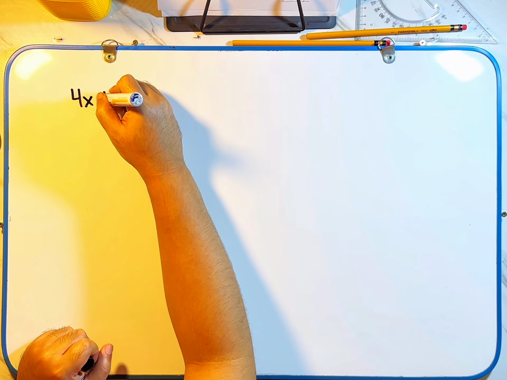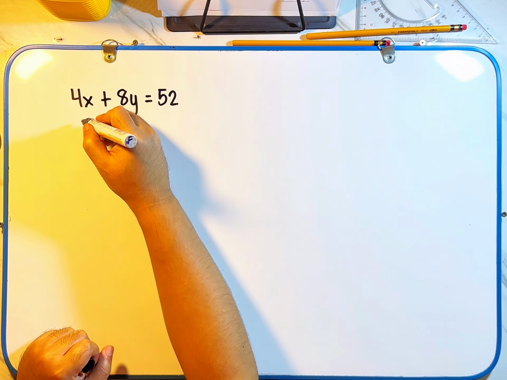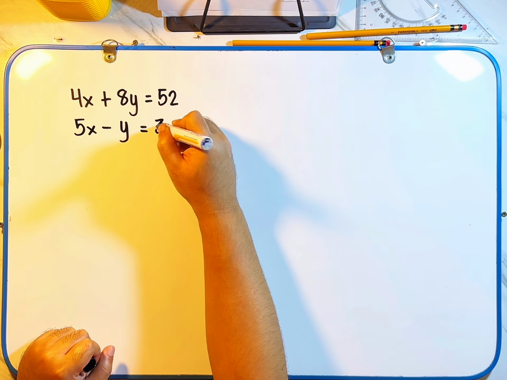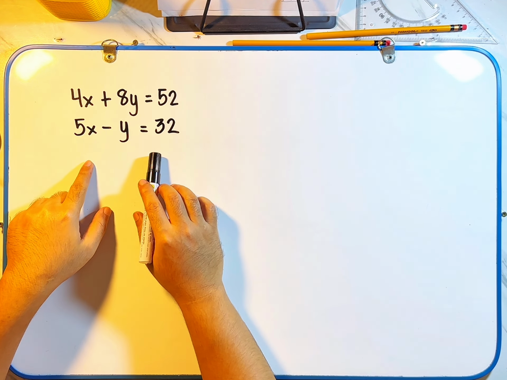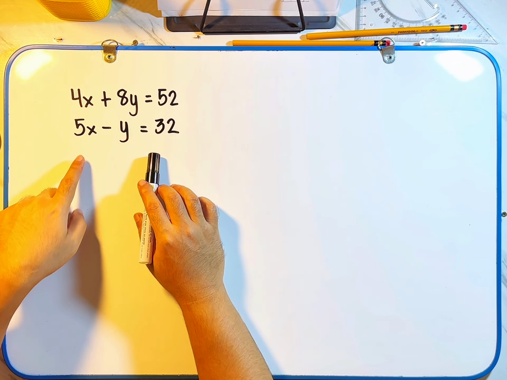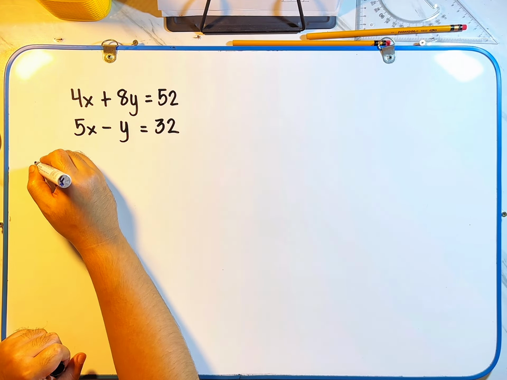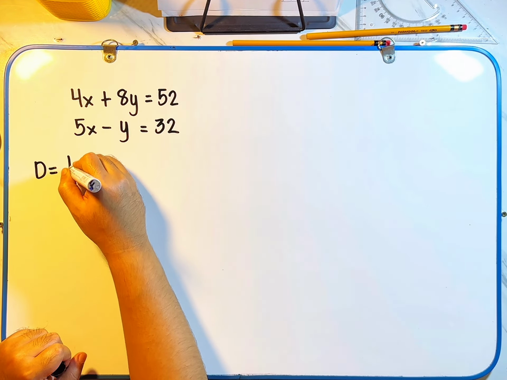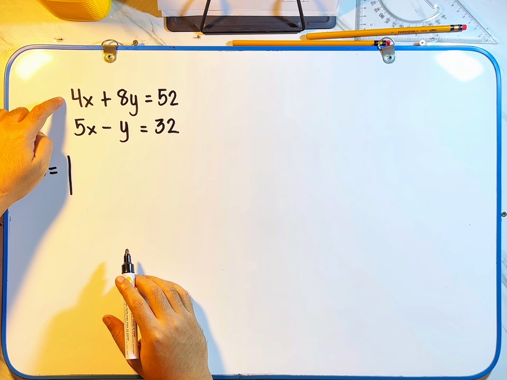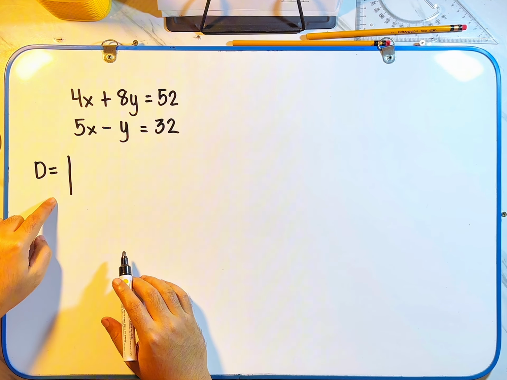Another example. Okay, so let's say this is our another system of equations in two variables. Let us solve for the determinant. The coefficients or the elements in our matrix are the coefficients.